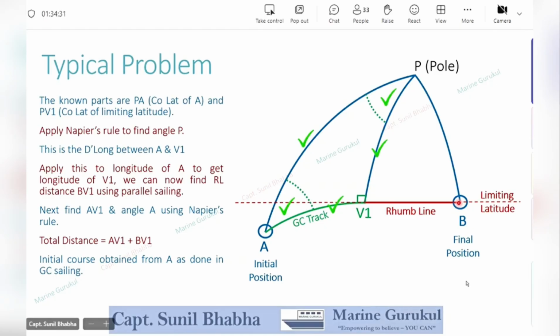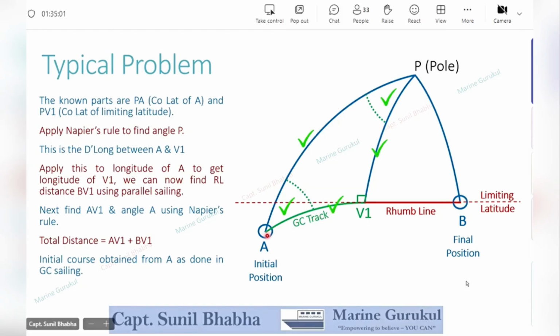Now the problem arises. This question can be made a little tricky and complicated in case we obtain the longitude of vertex 1 and we find out that the longitude of vertex 1 falls outside the triangle PAB. Once you have a look at the longitude of A, the longitude of B, and the longitude of vertex 1, you will immediately come to know.